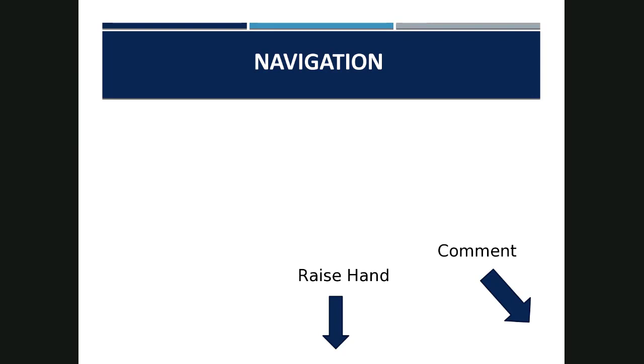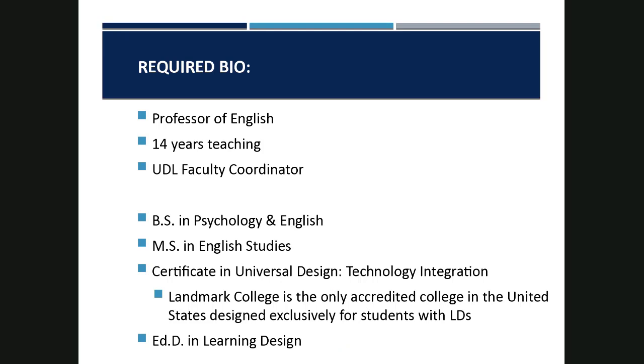Zach is an English professor at Heartland Community College. He's been teaching at the college level for the last 14 years and finds the community college student population to be diverse, motivating, and enjoyably challenging. Zach double majored in psychology and English and focused his graduate work in English before finally coming back around to the psychology side with a certificate in universal design. His current doctoral work is in learning design.